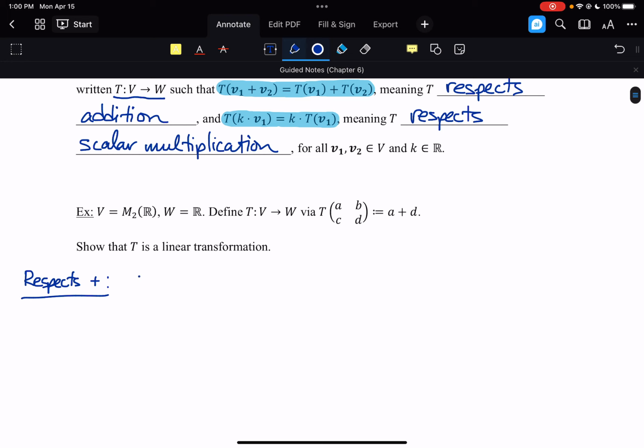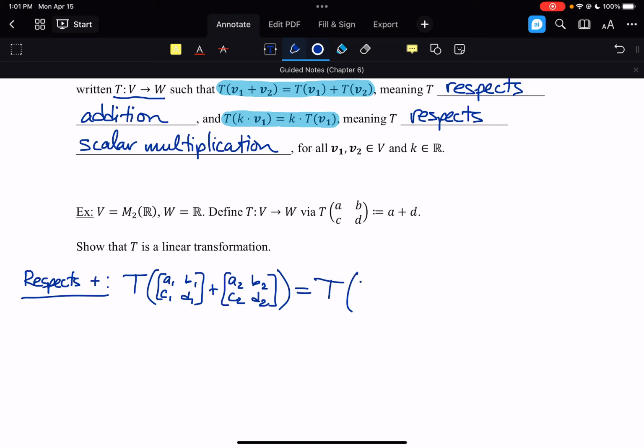So we're going to take T of, let's see, with A, B, C, D, I need two vectors. So let's go ahead and do A1, B1, C1, D1 plus A2, B2, C2, D2. Let's go ahead and combine. We can combine component by component here.